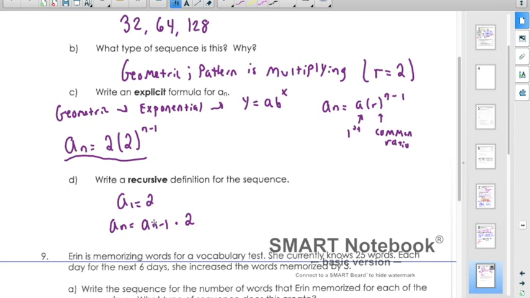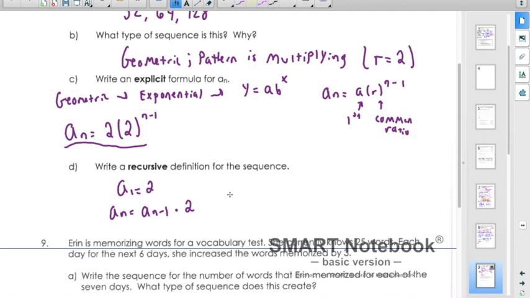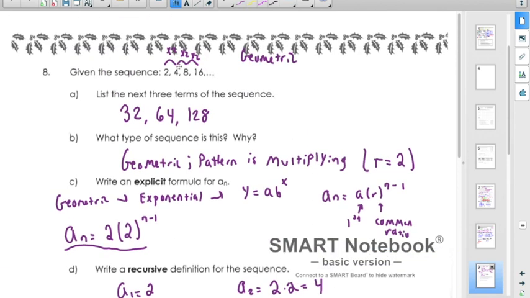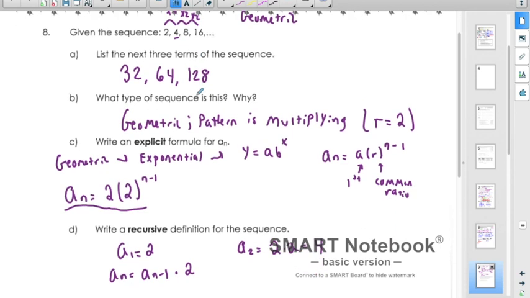Right, we take the previous term and multiply it by 2. So for example, if I wanted to find a sub 2, I would take the previous term, which was 2, and multiply it by 2, and I would get 4 as my second term, which matches up, because here's my second term of 4. Okay?